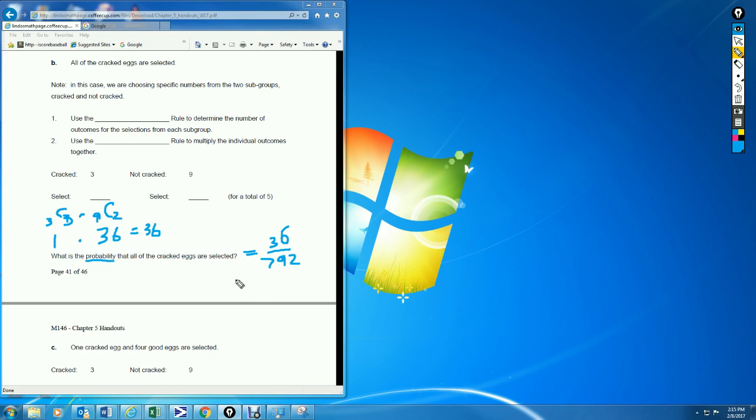Okay. So if you divide that out, it should be 0.0455. All right, this is supposed to be a 0. It didn't look so good. Okay.